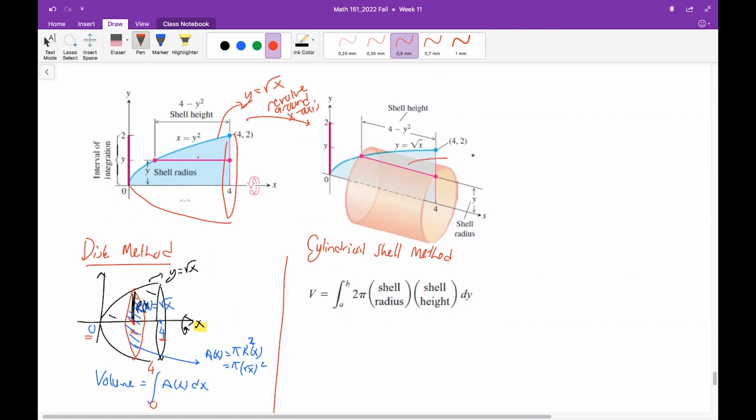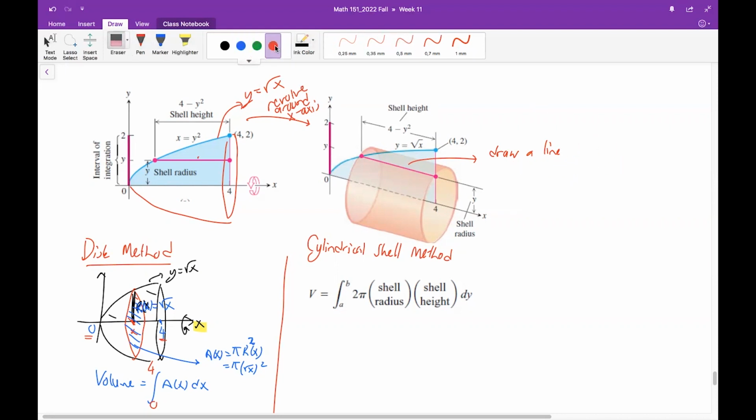So let me say, draw a line parallel to the axis of revolution, passing through your region. Okay, let me write it better.